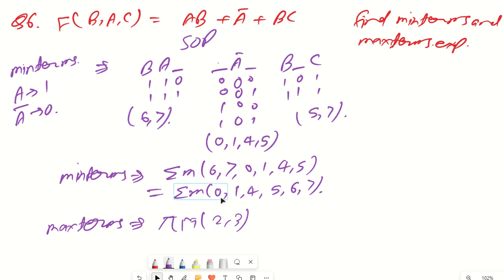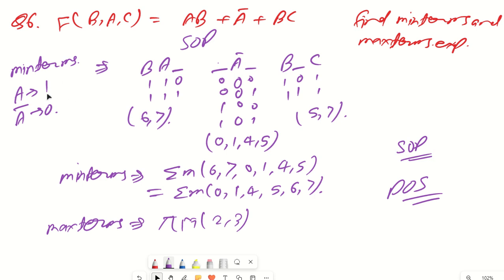Alright, hope you are now very clear about the questions that are being asked in GATE and how we can convert these particular functions or Boolean expressions into canonical form, either in terms of sum of products form or product of sums form. If it is product of sums form, you have to take max term expressions, and if it is sum of products form, you have to take min term expression.